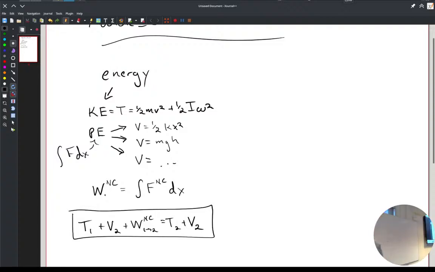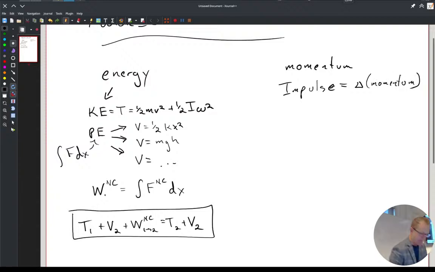Yeah. We had an impulse momentum. Impulse momentum, yeah. I'll write it out. Where whatever force applied through a certain amount of time changes that momentum vector.